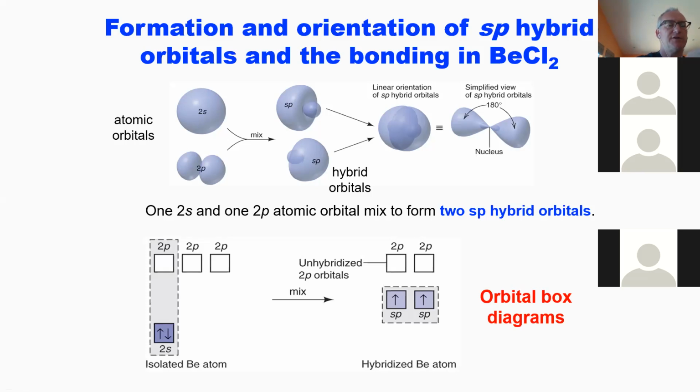Because in the 2s, the 2s is full. And so it's really not going to share either one of those electrons, and it forms 2 bonds of the same energy. So what happens is it pushes both those electrons into p orbitals and hybridizes the energy so that they're the same.